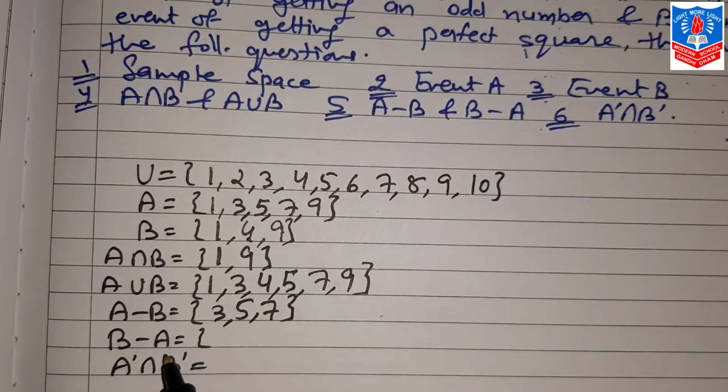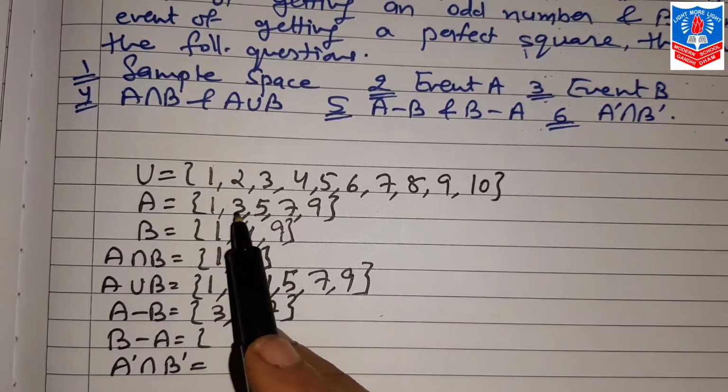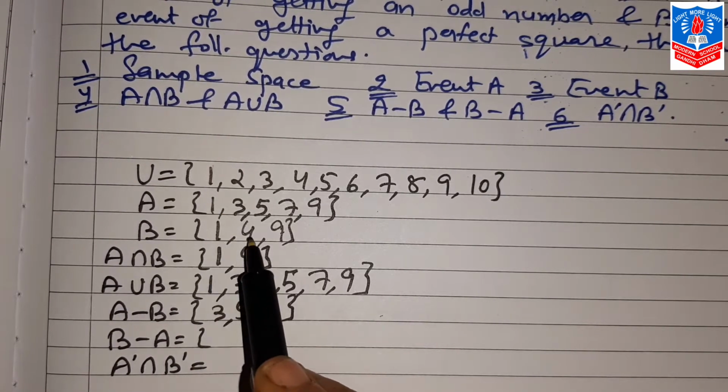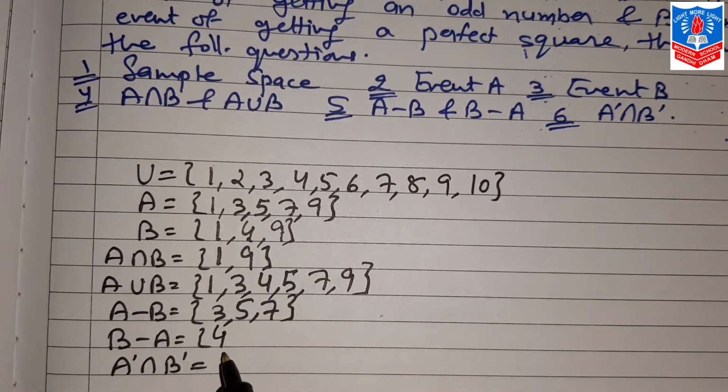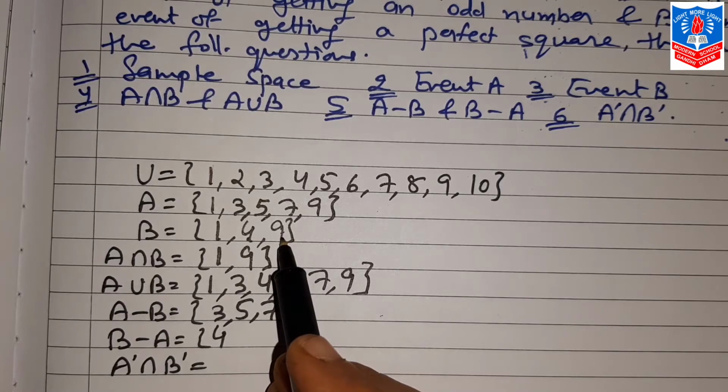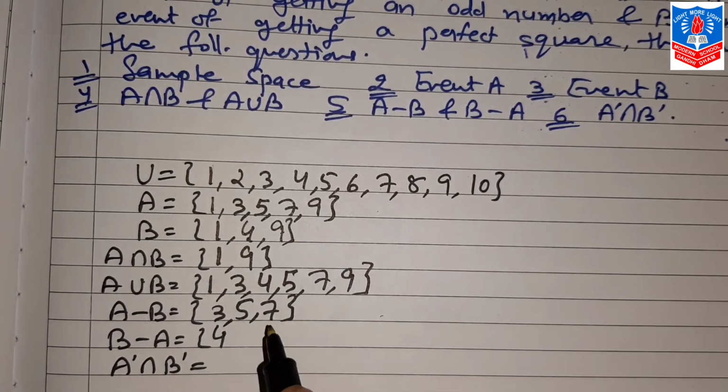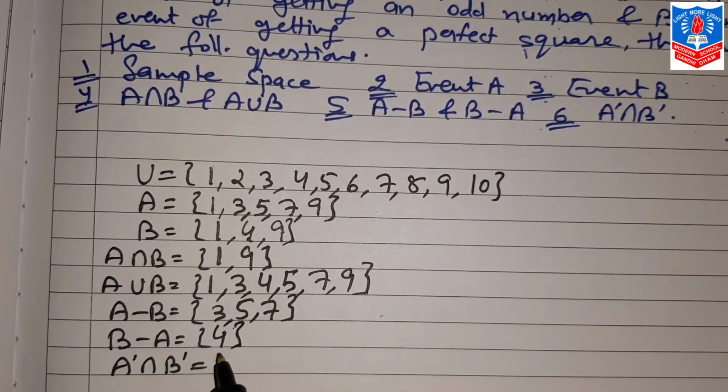Next, that is B dash A. That means elements which are only in B, not in A. Now here you can see 1 is there in both. This 4, of course, is not there in A, so we write. Then last 9 is again in both, so we will not write. So B dash A will be only 4.